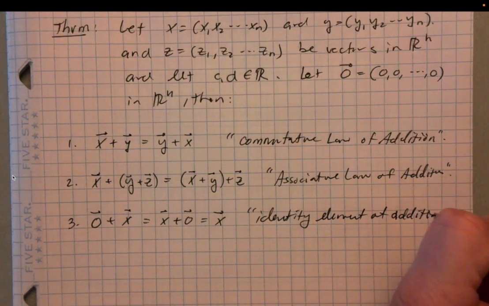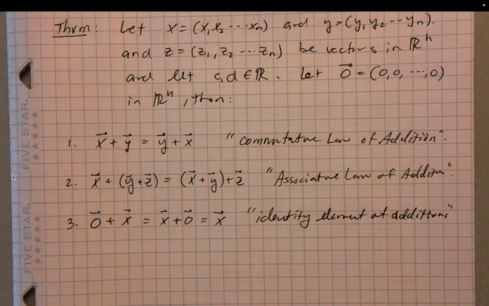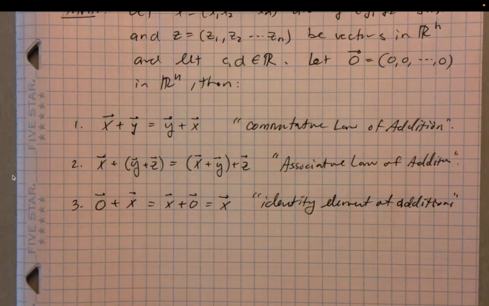We'll talk about this somewhat, but this is an extremely important idea when you get to abstract algebra. In linear algebra, we certainly make use of it, but it's not as central as it is in abstract algebra. But this is the idea that there exists some vector, the 0 vector, such that when we add it to anything else, it doesn't change the vector that it's added to.